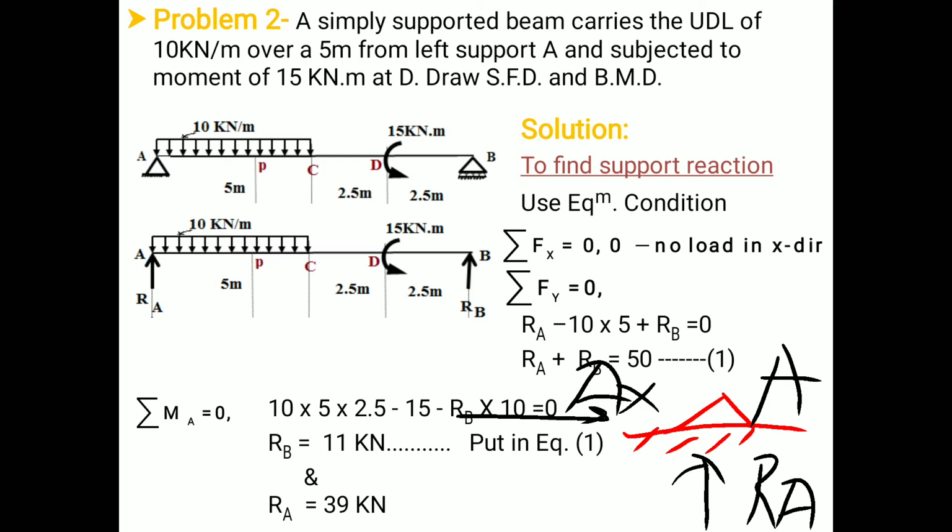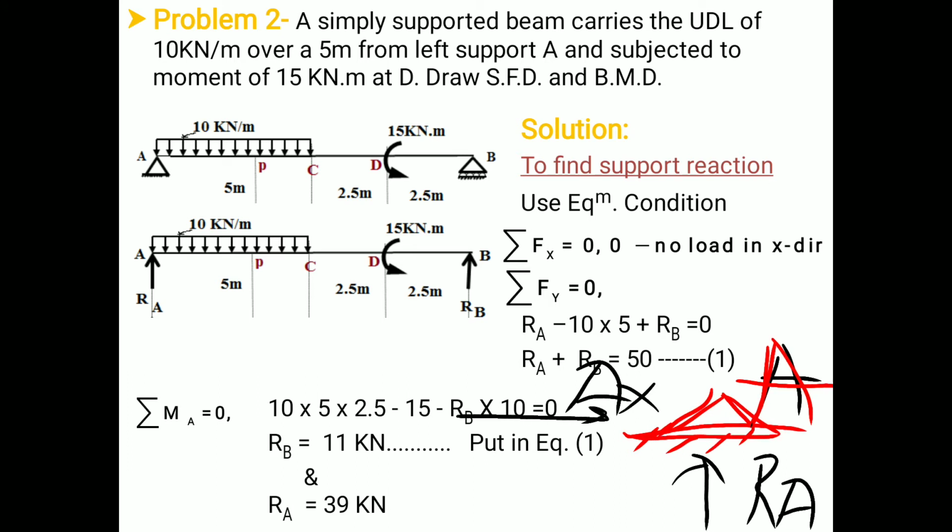So, while solving a problem based on SFD and BMD, the first step is to find the reactions by using three equilibrium equations. Our first equilibrium equation is summation of Fx equal to 0. But remember that at support A we have a hinge support.